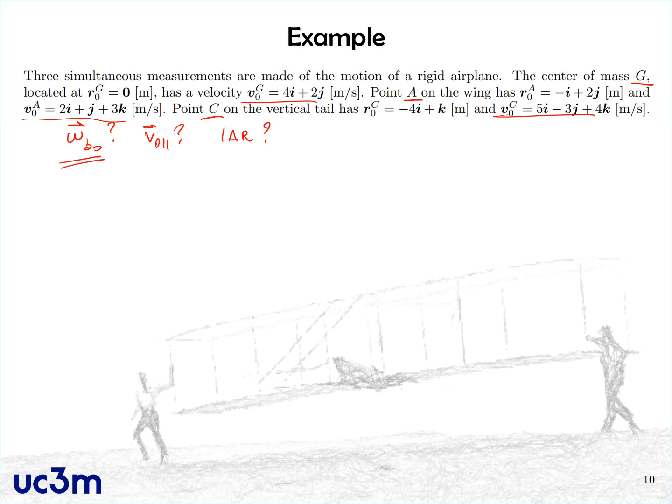For example, if we take point A and point G, we can write that the velocity of A minus the velocity of G in reference frame 0 is equal to omega v0 cross the position of A minus the position of G. Similarly, we can write a similar equation, but relating point C with, for example, point G. So we will have something like this.